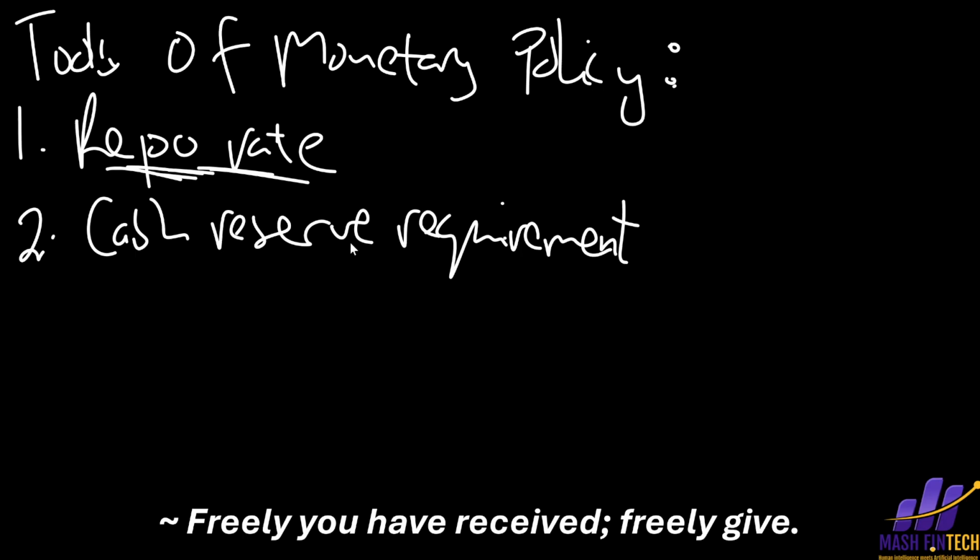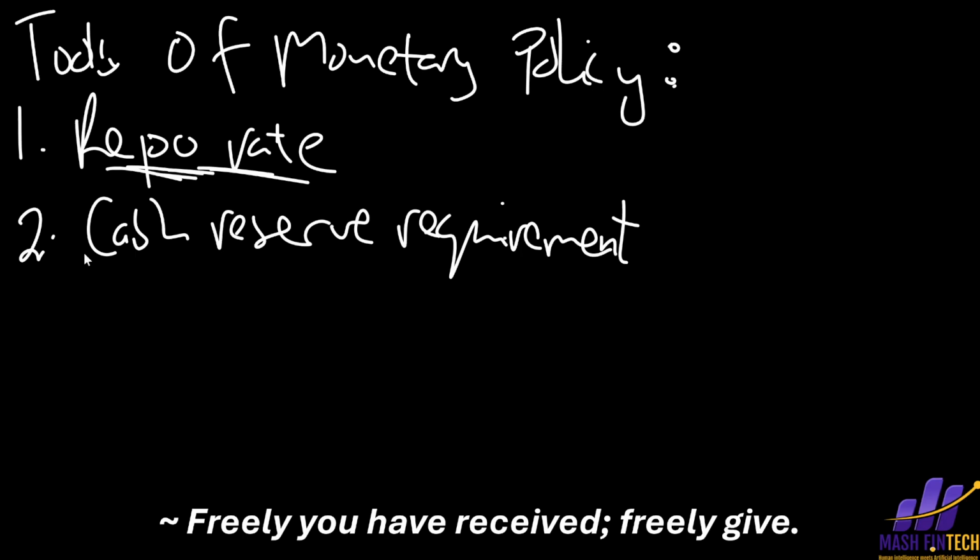Now, it's part of the supervision mandate of the Reserve Bank. They have to make sure that all banks have this amount in their vaults. For example, if a commercial bank has 1 million and the central bank says you must keep 25% of that 1 million in your vault, it means the bank has to keep 250,000 in their vault, right?